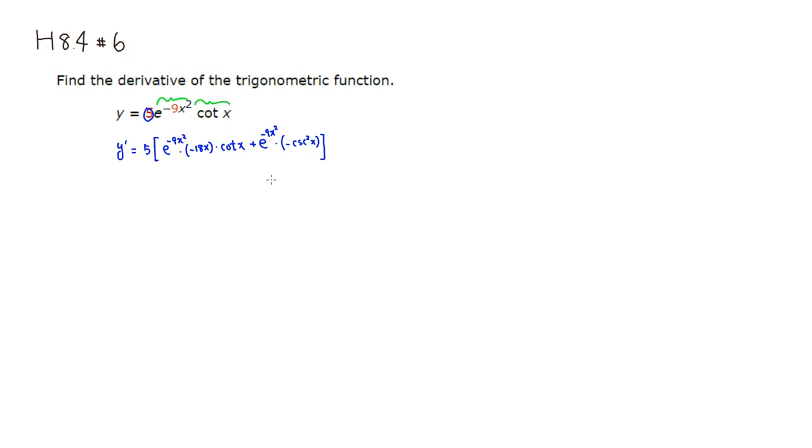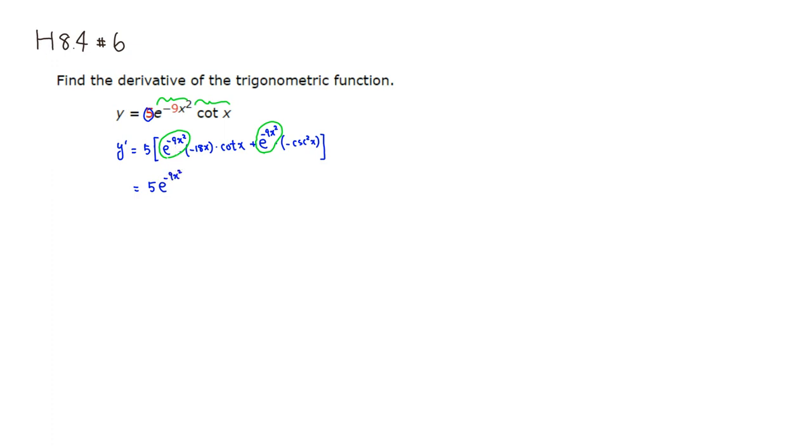All right, then we can just clean up a little bit here. So this is going to be 5 was already there. Then we have exponential function here, so e to the negative 9x squared, e to the negative 9x squared. So we're going to have e to the negative 9x squared.